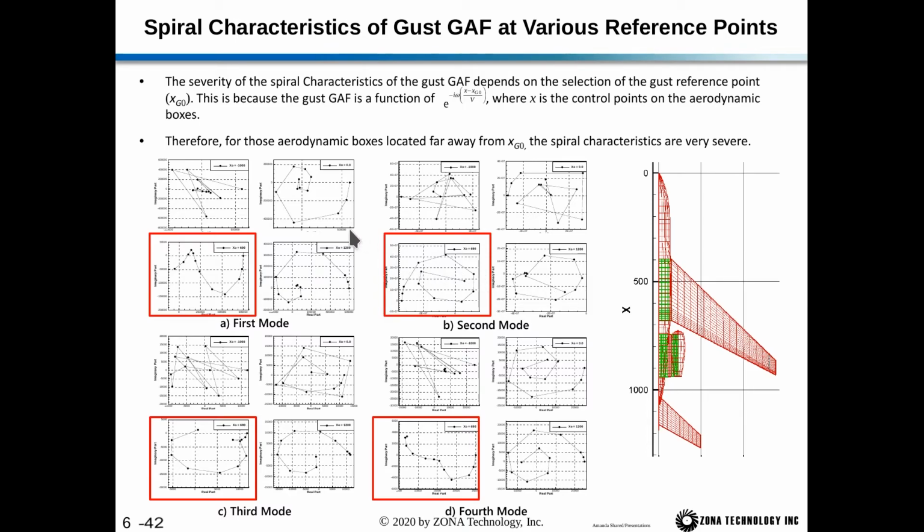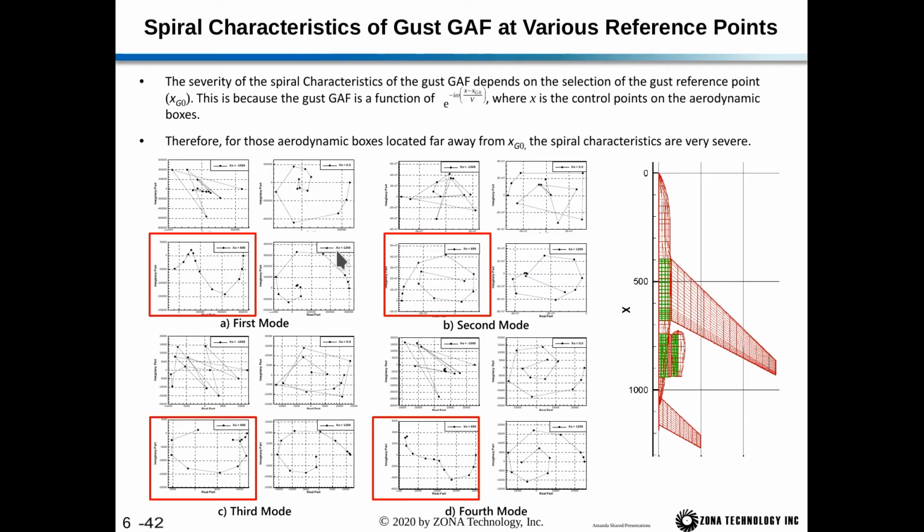But now if we compare the first mode to an xg0 of 0, if this is our Gust reference point, you can see that we have a spiral developing here. Whereas here, we don't have a spiral developing yet. So this should be an easier fit for the RFA than this spiral.